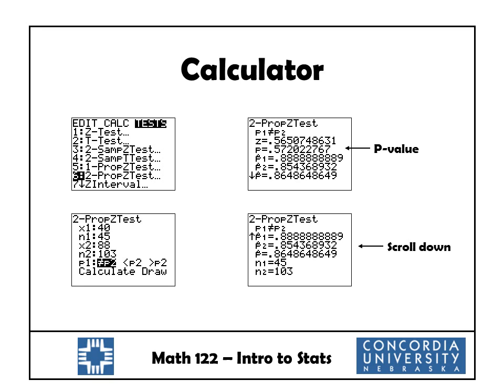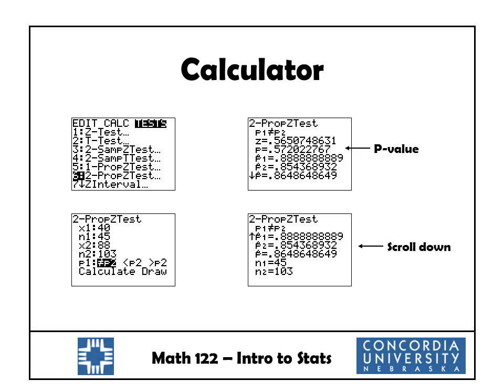And then below that it just repeats the data that we entered. It has P1 hat and P2 hat. That's just going to be x1 divided by n1 and x2 divided by n2. Notice that's about 0.89 and 0.85, which agrees with the data that we saw in the original problem.